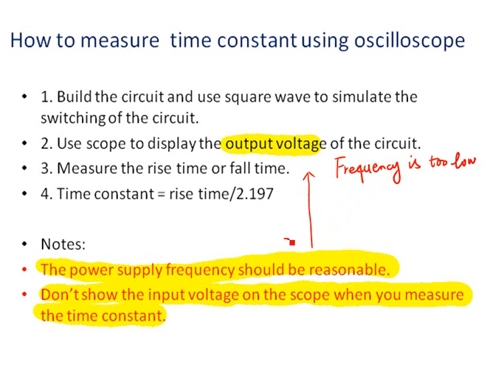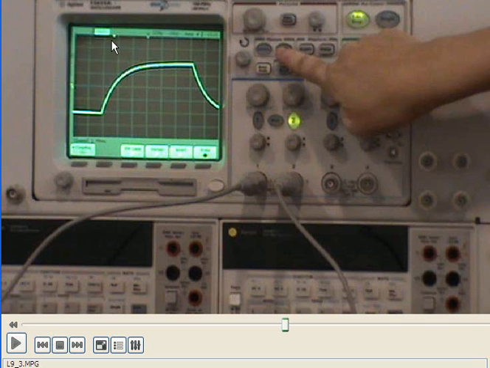When the frequency is too low, that is how the display looks. So it's hard to measure the time constant accurately if the frequency is too low. So here, we really want a good display of the natural response or step response on the scope. So we can adjust the input frequency.